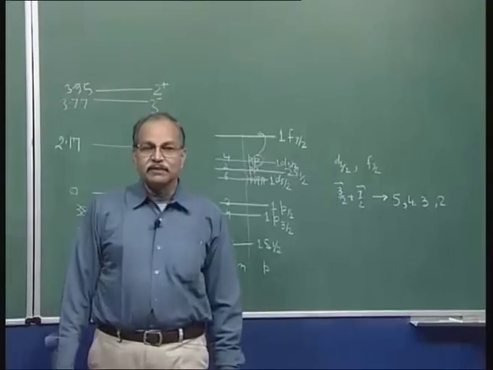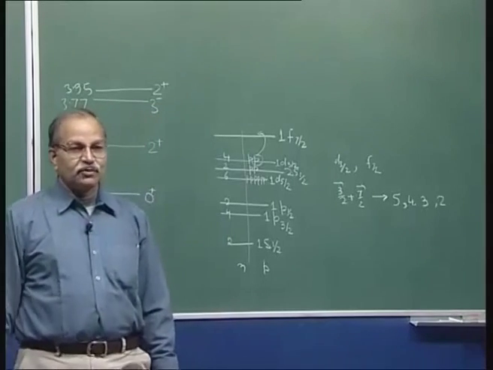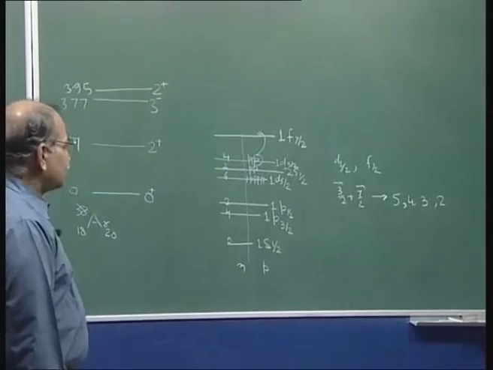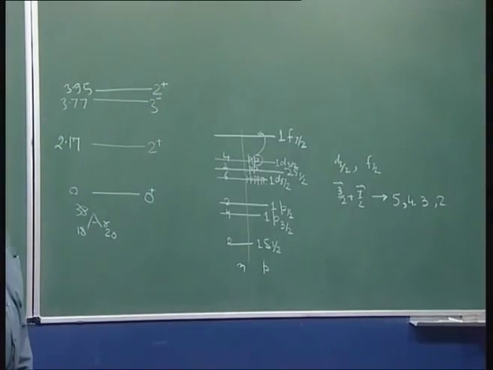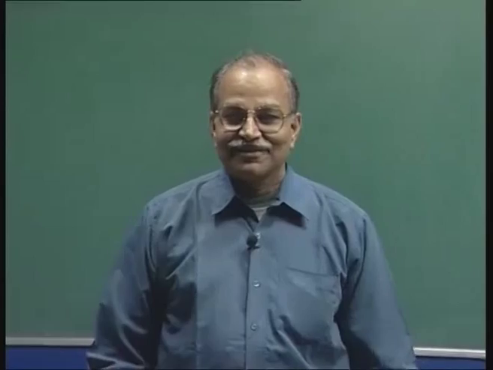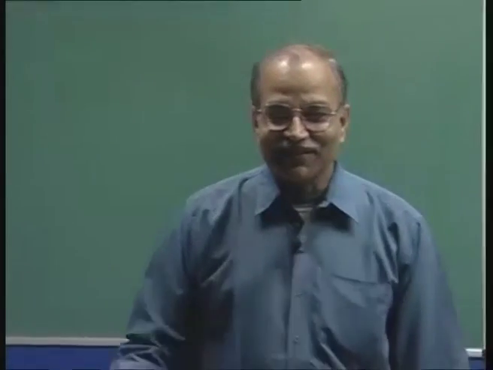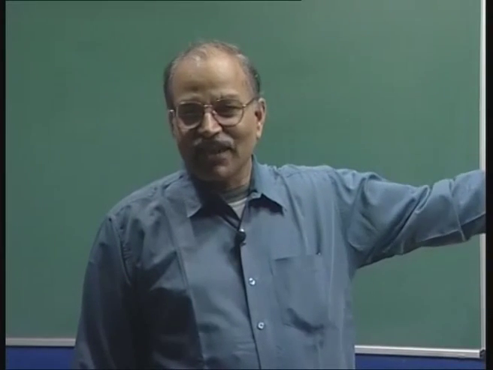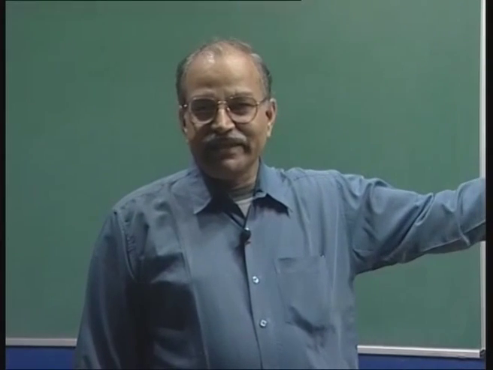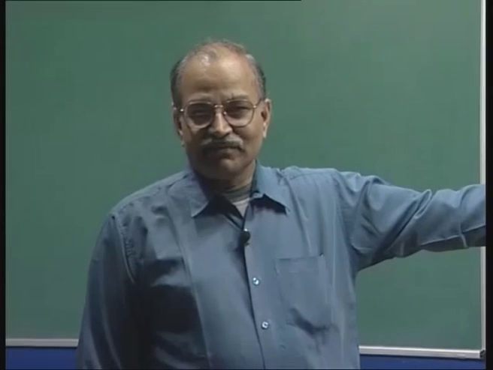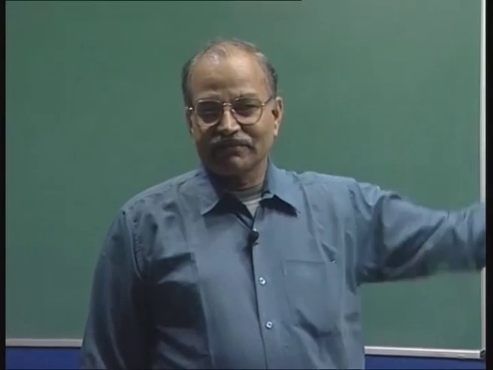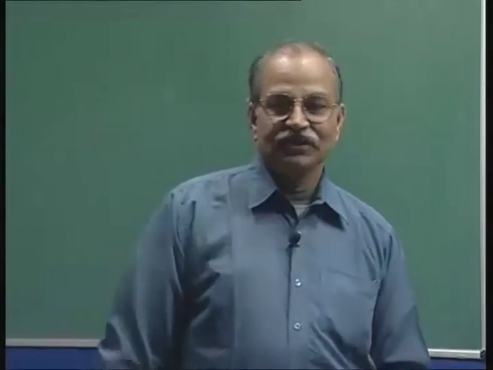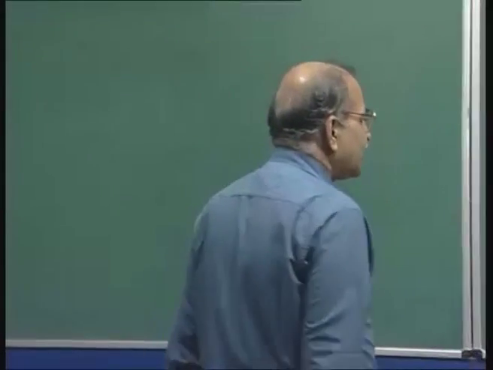And what should be the parity, plus or minus? This will be minus. One is a D proton and one is an F proton. Now, D has positive parity, F has negative parity: S, P, D, F. So, the combined parity will be negative.